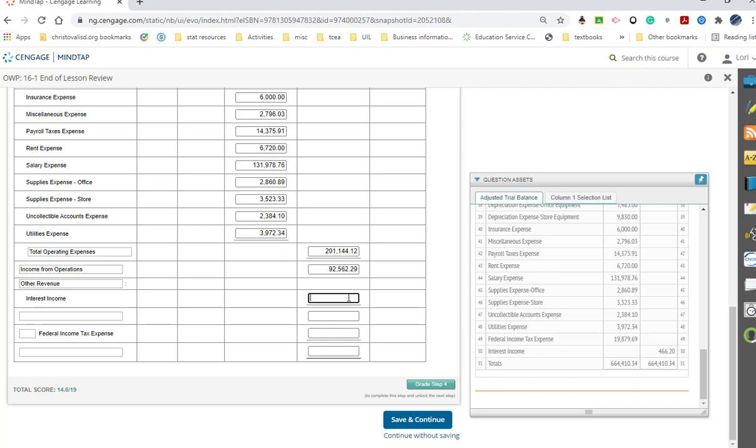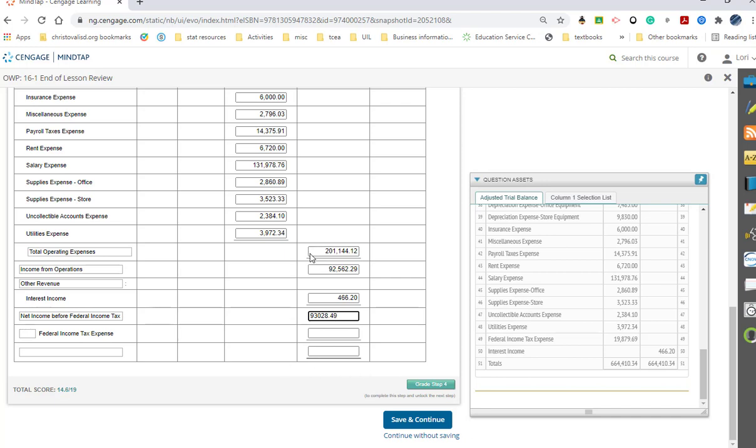And so that was $466.20. And so we are now going to have our net income before federal income tax. So this is what they are going to determine our income tax based upon, this $93,028.49. We did that by adding those last two numbers together.